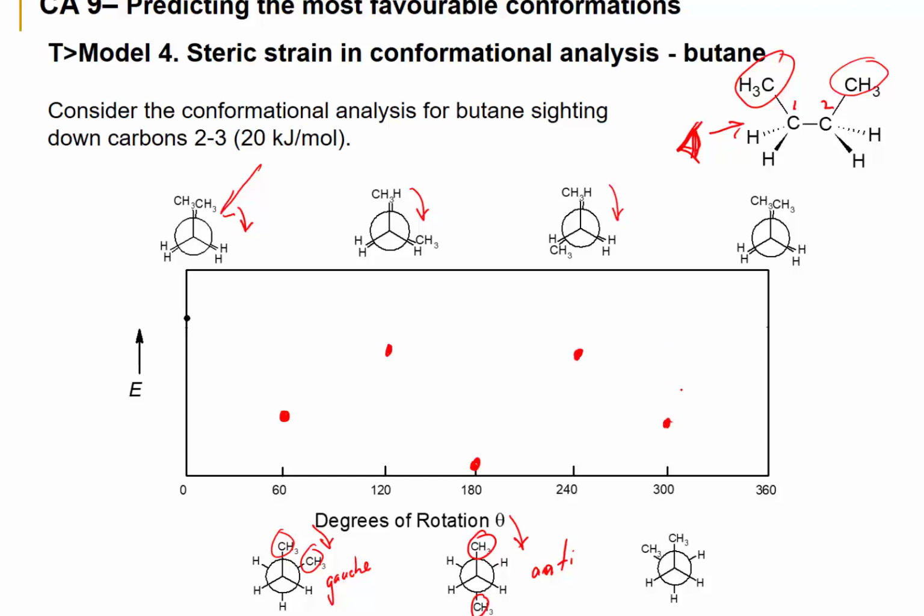The staggered that occurs at 60 degrees and at 300 degrees will have the same energy. So again, I try to line up the dots. And then finally, we have further rotation. And this brings us back to the original eclipsed. So of course, it would have the same energy. So now if we join the dots, we can see that it more or less looks like the diagram in our animation.